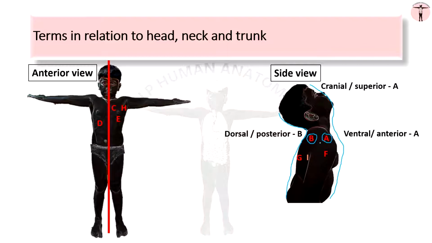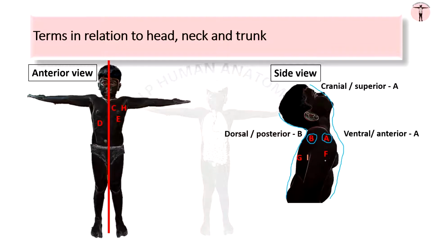So any structure present close to the anterior part when compared to a structure which is away from the anterior part and close to the posterior part becomes anterior. So here A is anterior to B, and B is posterior to A.